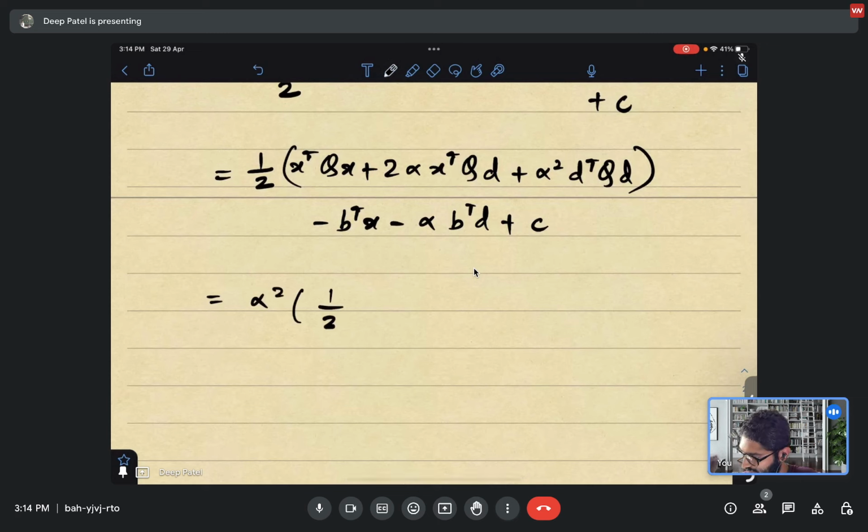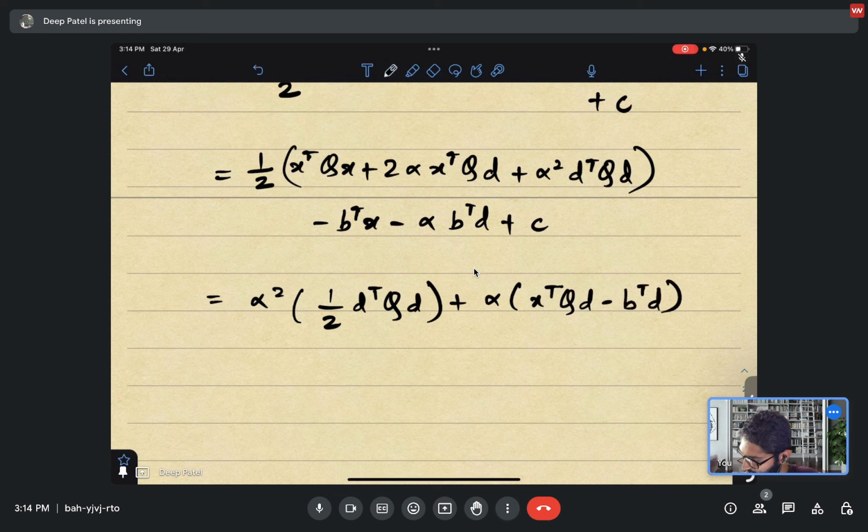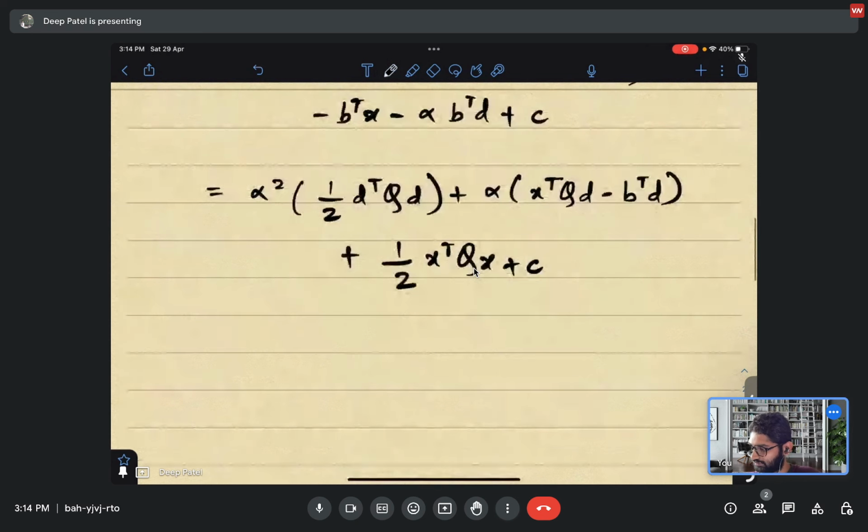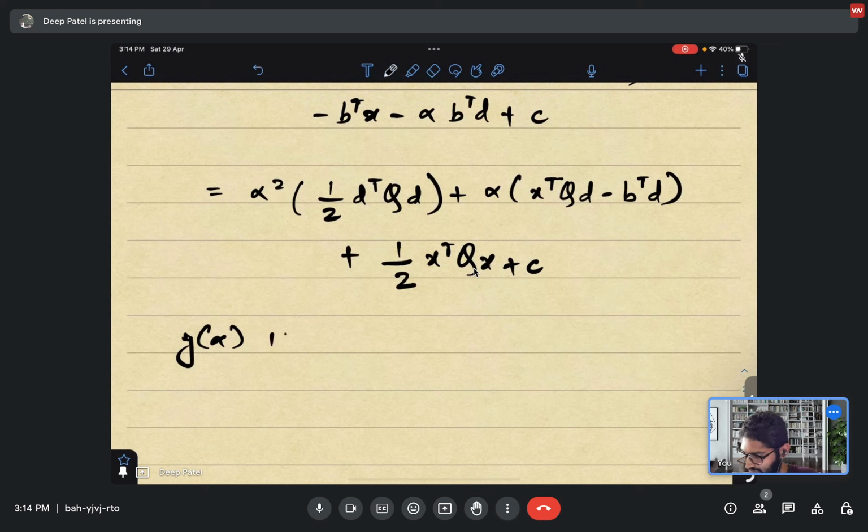Alpha square half d transpose Qd plus alpha times x transpose Qd minus p transpose d plus half x transpose Qx plus c, right? So this is nice. So g of alpha is also quadratic in alpha, right?